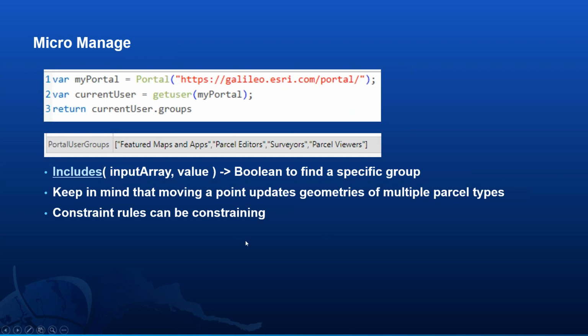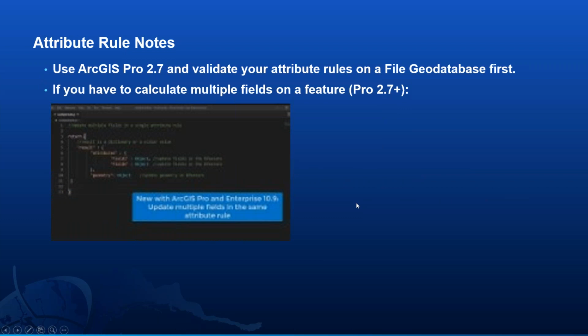For example, with 2.7, we ship a rule that checks that all your edits are within a certain extent. So all the points are within the extent of a bounding box that you can configure. We could have done that as a constraint rule, but we were leery, so we put it as a validation rule. You can see if it works for your organization or not.